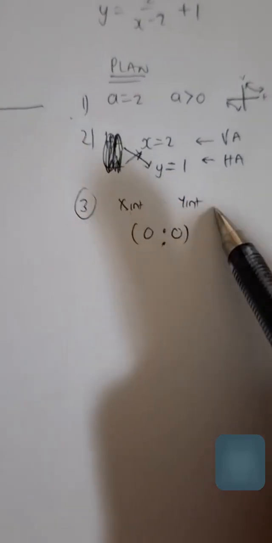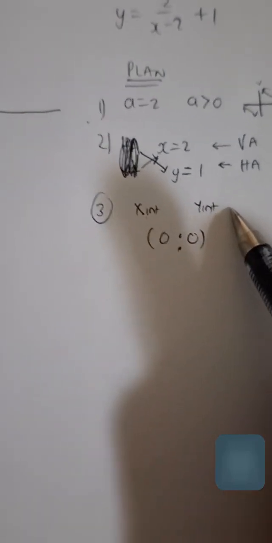Then third, we need the x-intercept and the y-intercept. We've already found those, all right? And remember, when we calculated and found the points, we found that (0, 0), in other words the origin, defines both the x-intercept and the y-intercept.